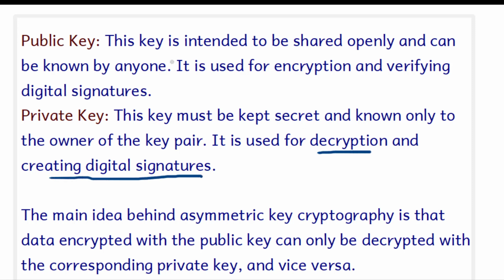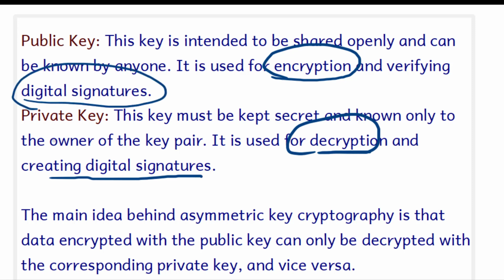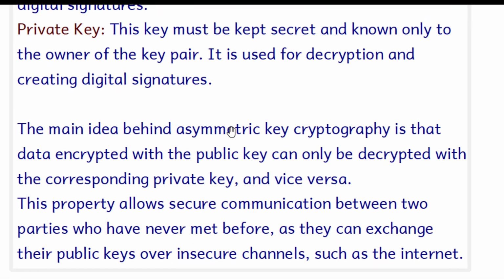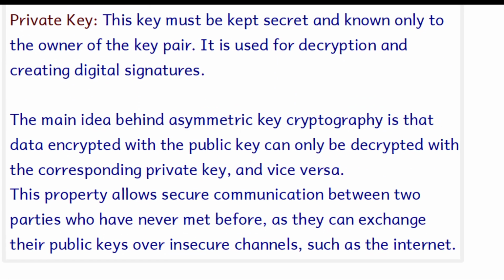As you can see, public key is used for encryption, private key for decryption. Public key is used to verify digital signatures and private key is for creating digital signatures. So these are opposite things. The main idea is that data which is encrypted by the public key can only be decrypted by the corresponding private key.